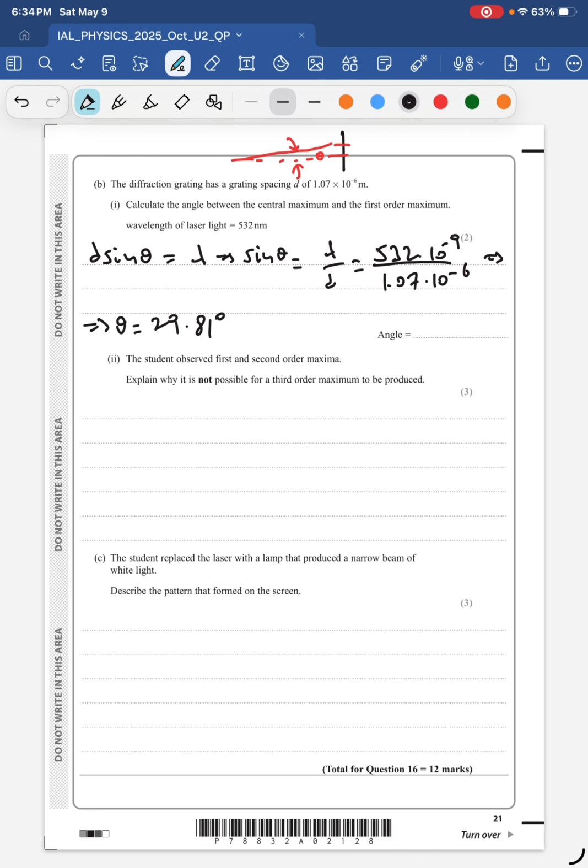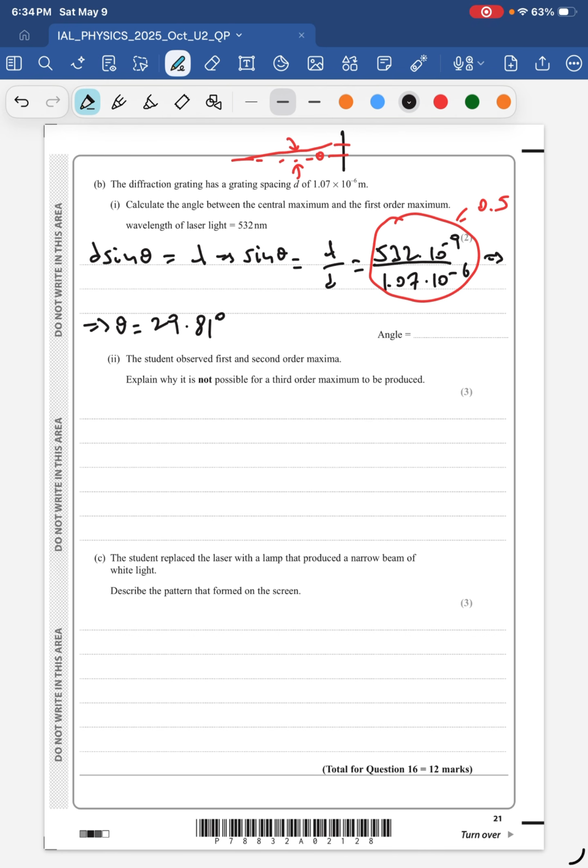Okay, part 2. The student observed first and second order maxima. Explain why it is not possible for a third order maximum to be produced. Okay, so sine theta, this division I didn't write earlier, is equal to 0.5 pretty much.